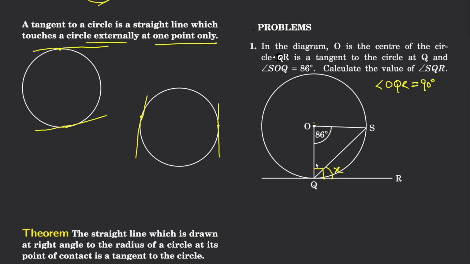Now I'm going to call the remaining angle that you have here, inside of the triangle, Y. Remember that both X and Y sum up to 90 degrees. So I can say that X plus Y is equal to 90 degrees. So we are coming to that. Now back to the triangle. If you check the triangle inside the circle very well, you're going to see that it is an isosceles triangle.